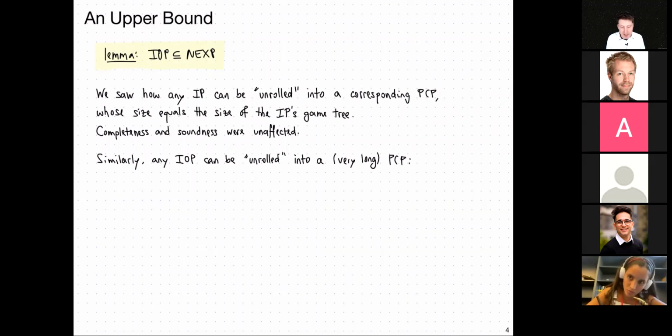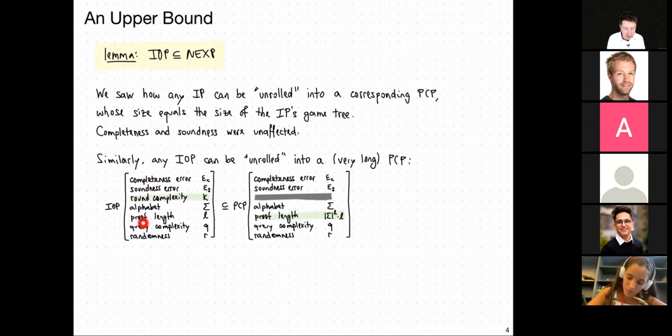Now, you can similarly take any IOP and unroll it into a very long PCP. You have some IOP with some parameters, and you turn it into a PCP by unrolling everything. You won't have any round complexity here, but now your proof length might be some very rough upper bound on the game tree. If you had some proof length and some alphabet for the IOP, the size of the tree is not going to be larger than this, because these are all the possible things that the verifier could have sent.